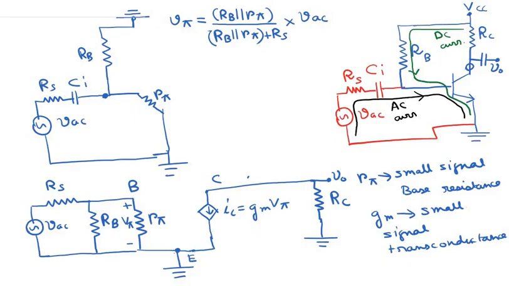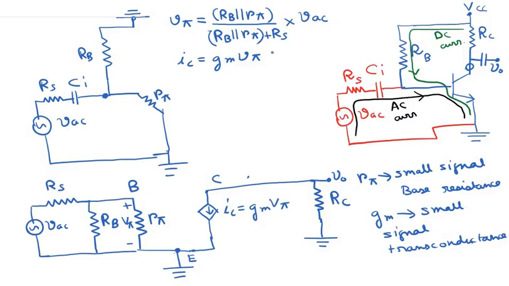Now the collector current IC is dependent on this V pi through the relation IC equals GM V pi. So we have found the small increase in the collector current, or the AC component of the collector current. And GM as before is equal to beta divided by R pi.